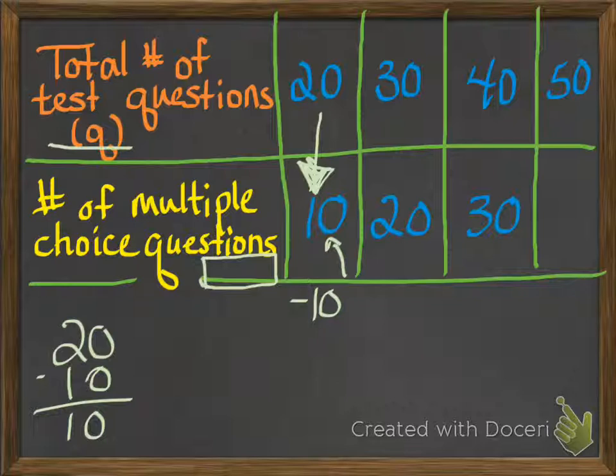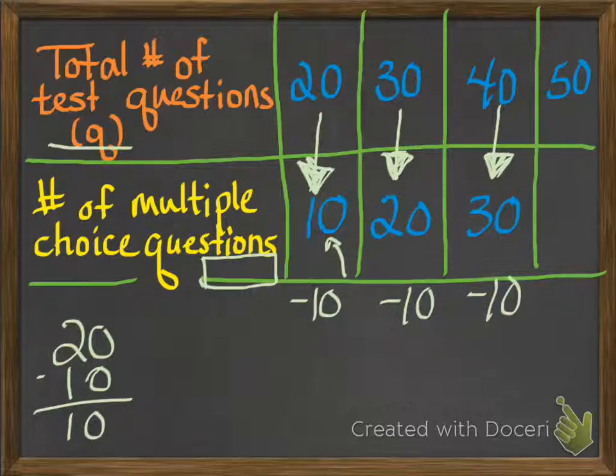If the total of questions was 30 and the number of multiple choice is 20, again I'm taking away 10. And if it was 40 test questions and 30 of them were multiple choice, again we took away 10. All right, and then you could probably fill in that box, right? If there were 50 test questions, how many would be multiple choice? Well, we follow that minus 10 rule, so the answer would be 40.